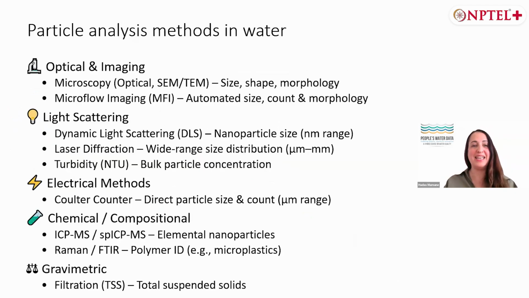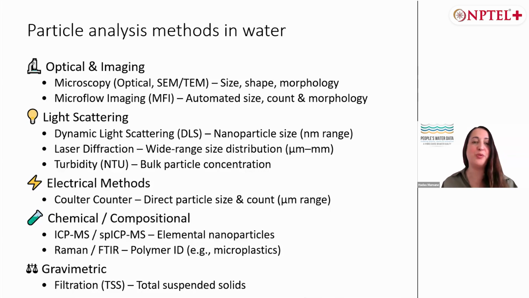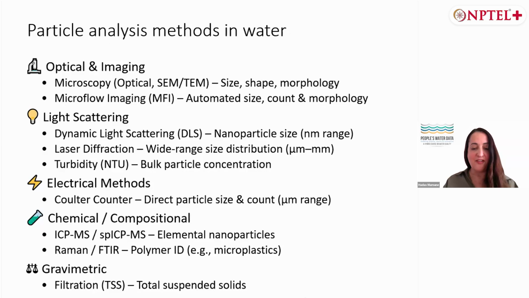When we try to analyze particles in water, it's very confusing because there are multiple methods to analyze particles in water. Some of the techniques provide direct visualization. Others provide computational evidence of particles' physical state. For example, optical and imaging, which can be analyzed by microscopy.